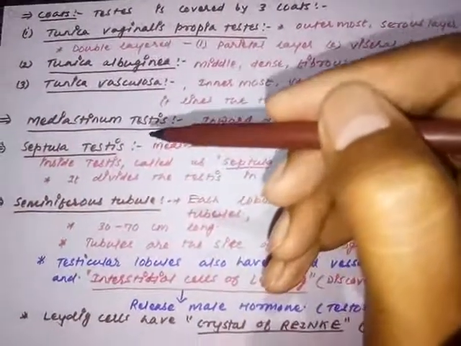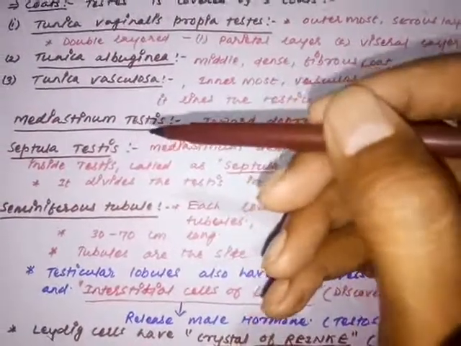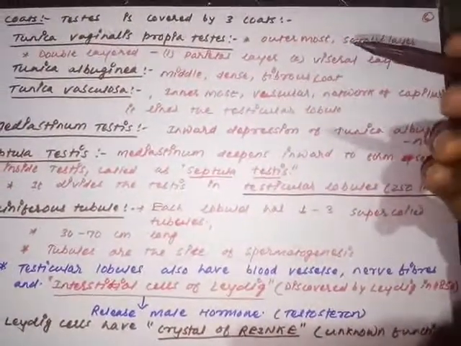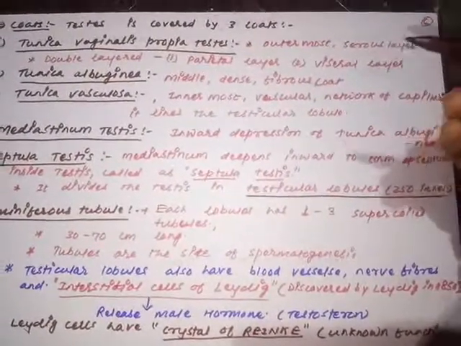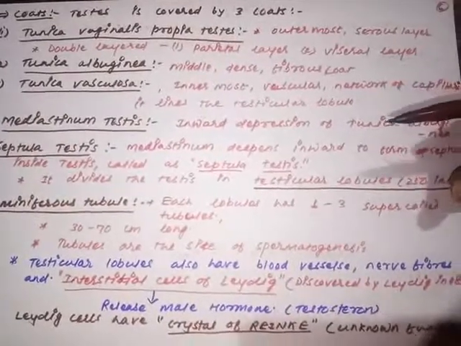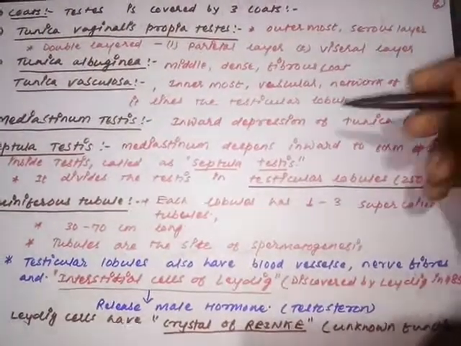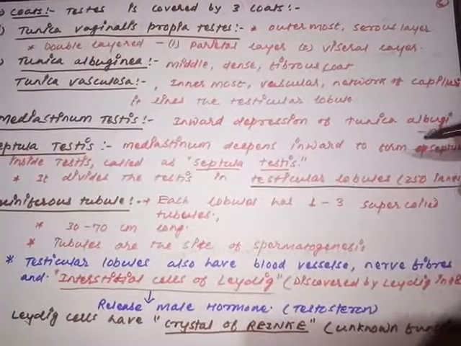We are moving on to the next structure of the testis, that is called mediastinum testis. What happened? The tunica albuginea starts depressing inward toward the cavity of the testis, making a shallow depression, a groove inside.